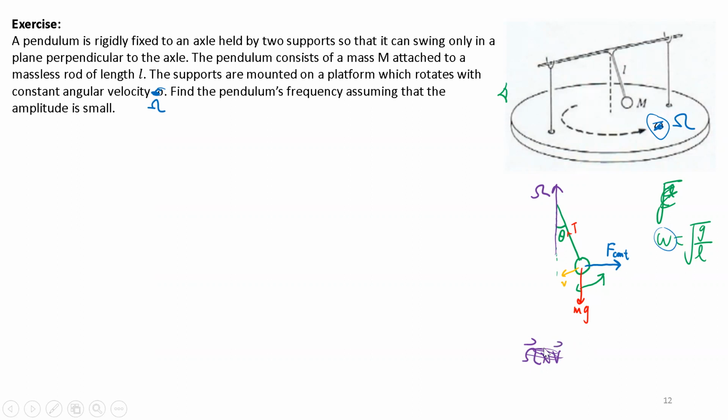Okay, so now come back to the centrifugal force. The centrifugal force is playing a role in the motion of this pendulum.